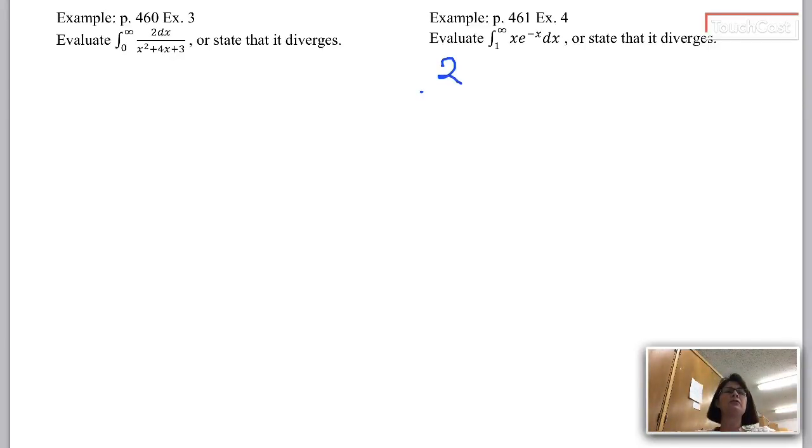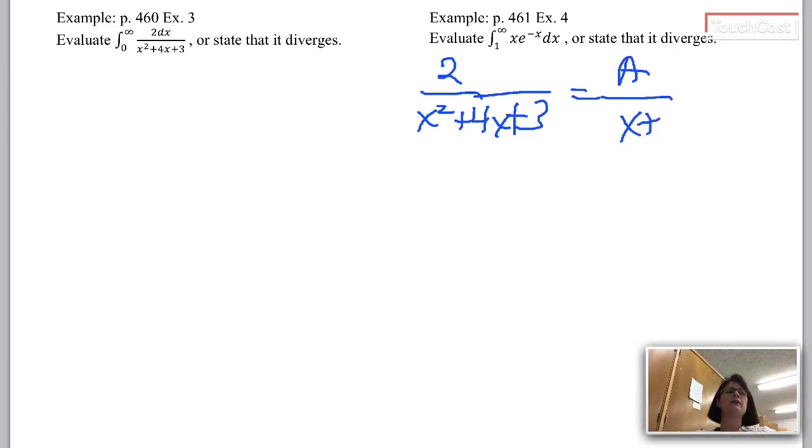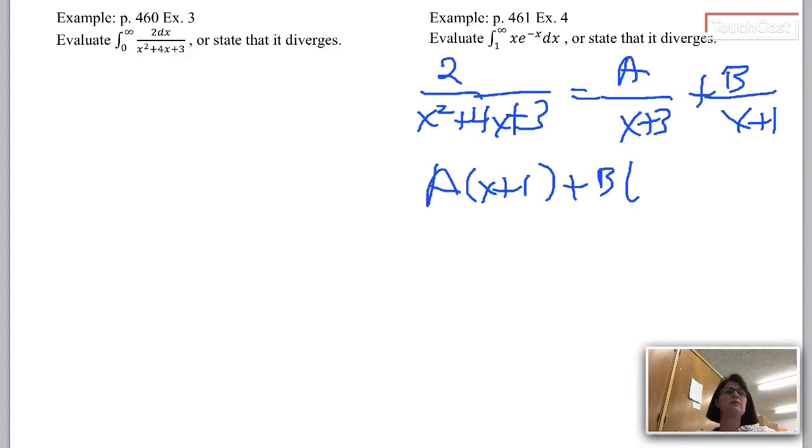So I know that 2 over x squared plus 4x plus 3 is going to equal a over x plus 3 plus b over x plus 1. So a times x plus 1 plus b times x plus 3 equals 2.